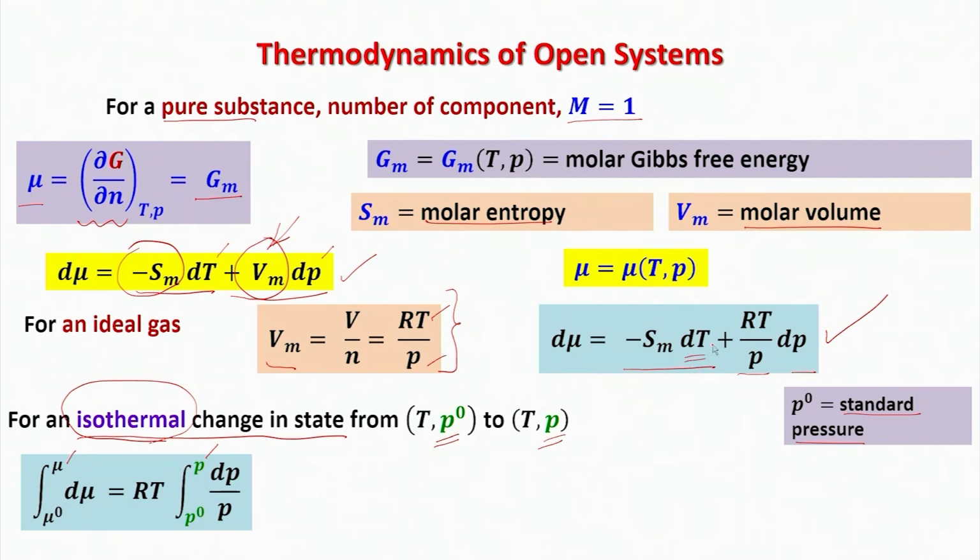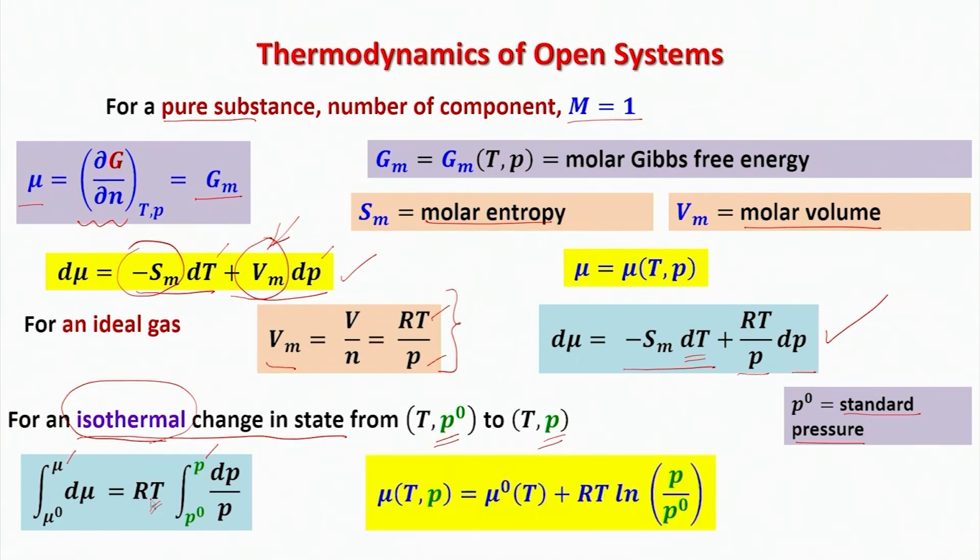On the right hand side, I'll have only one term remaining where temperature will now be outside the integration. And the result of this integration would be mu(T,P) is equal to mu naught(T) at the standard pressure plus RT ln P by P naught.